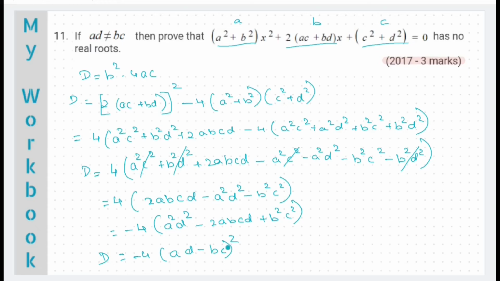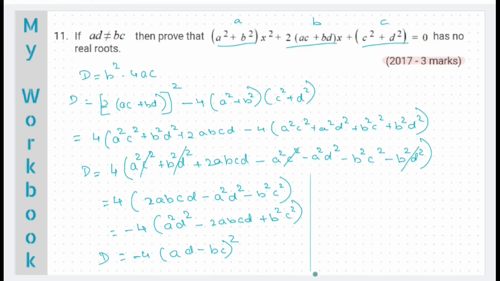Now, if AD is not equal to BC, then the discriminant will not be 0. There will be some value for AD minus BC, and when we square it, it will always be a positive number. When multiplied with minus 4, the discriminant will always be less than 0.